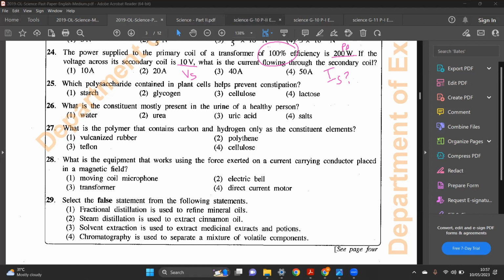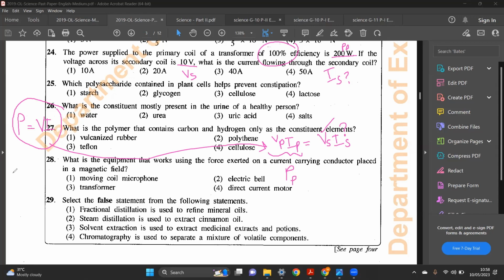Now the common equation you have studied when it comes to transformers is VpIp equals VsIs, primary versus secondary. So in this case, you have this one, you need to find this one. But the question is, both of these are not given to you. But you also have studied another equation, I'm sure you remember: power equals VI. So instead of this V and I, we directly put the power of the primary coil.